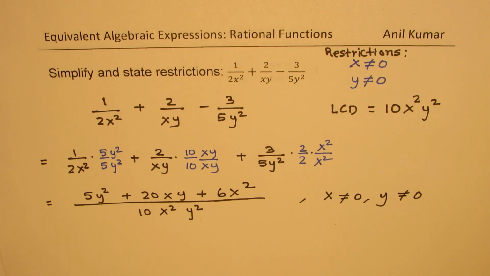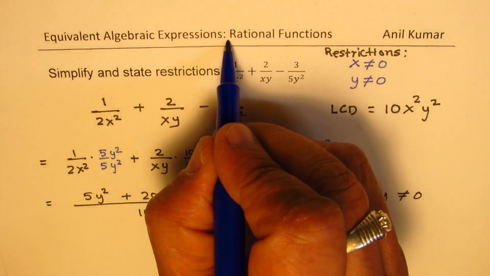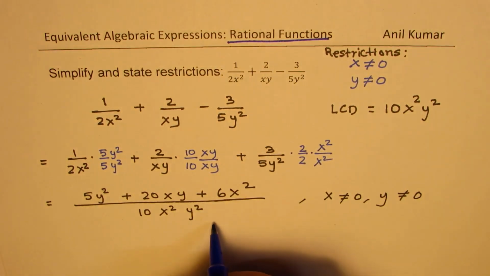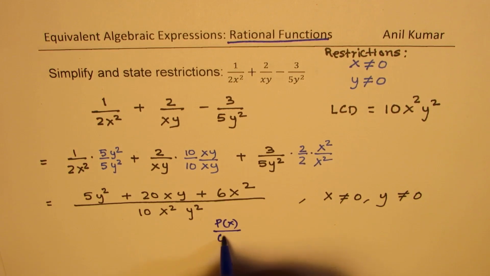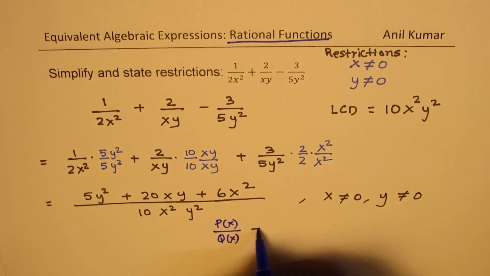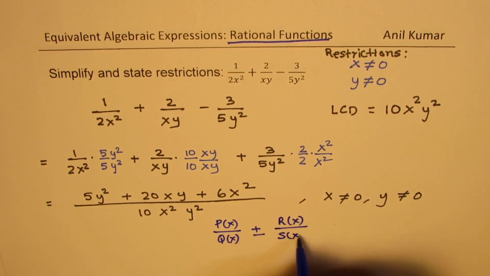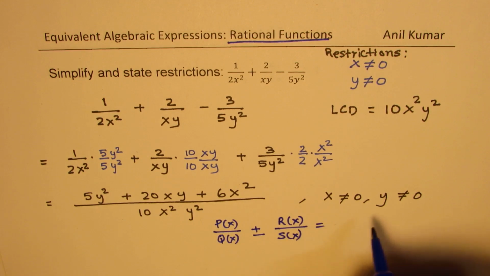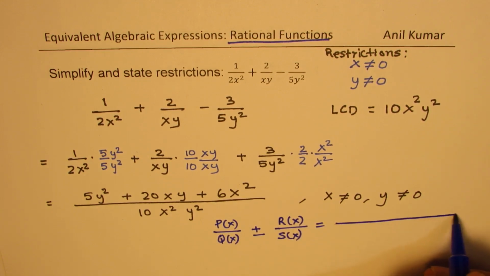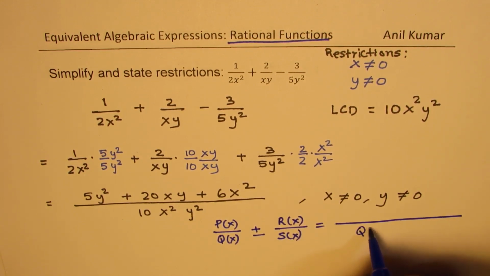Now let me also write a general rule here. So if we have a rational function of the form px over qx, and we are adding or subtracting some other rational function from it, let's say rx over sx, then in that case, in general, we could write it like this. We could multiply the denominators if they don't have anything in common, right?